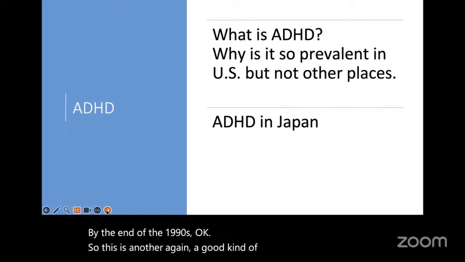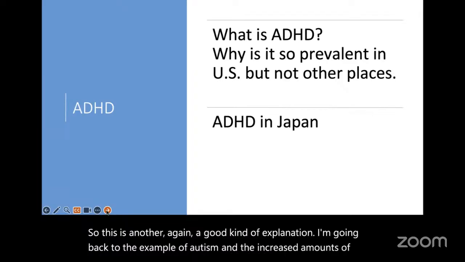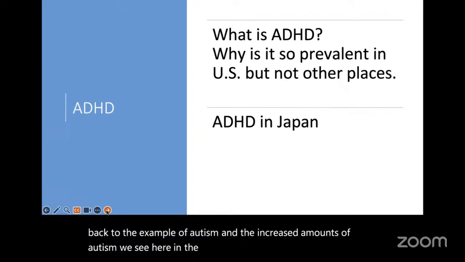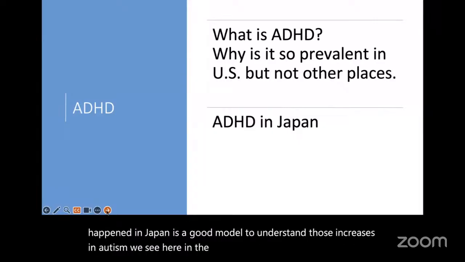I'm going back to the example of autism and the increased amounts of autism we see here in the United States. I think ADHD and what happened in Japan is a good model to understand those increases in autism we see here in the United States, as we saw with ADHD in the 90s within Japan. Okay.